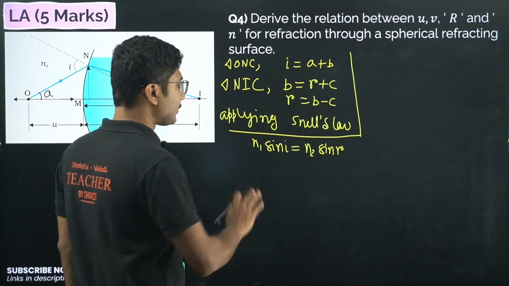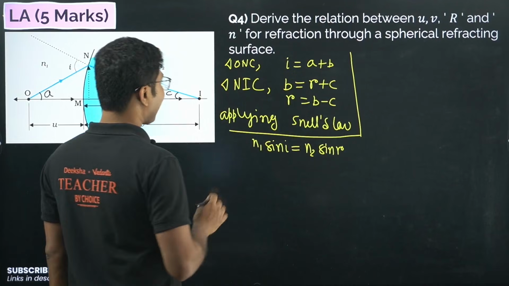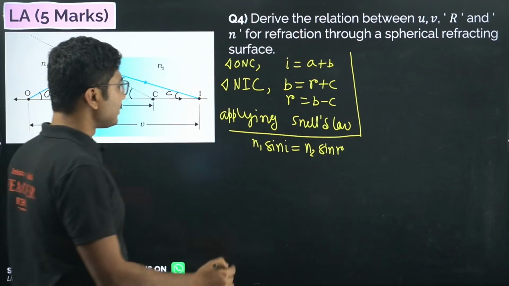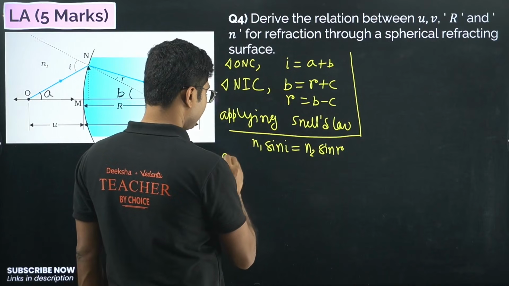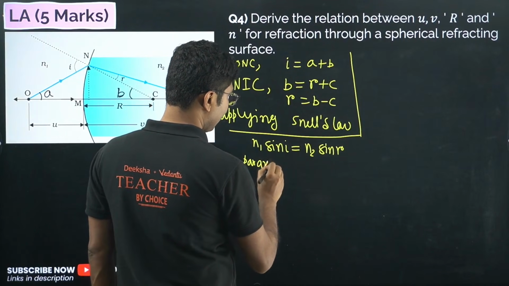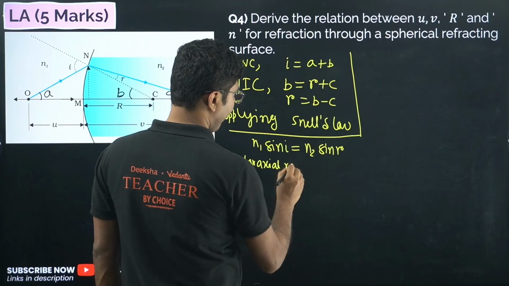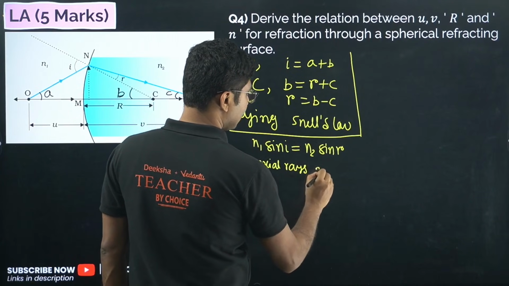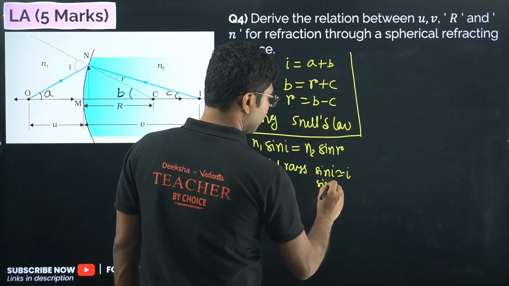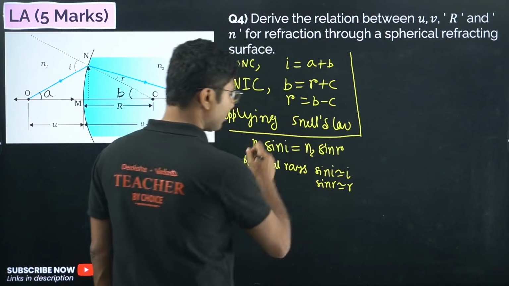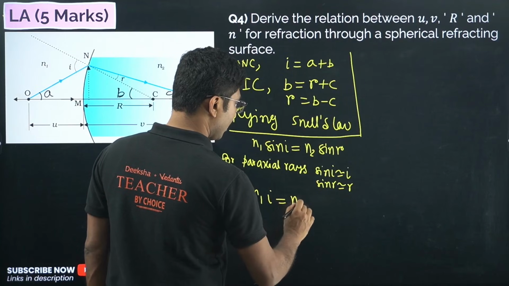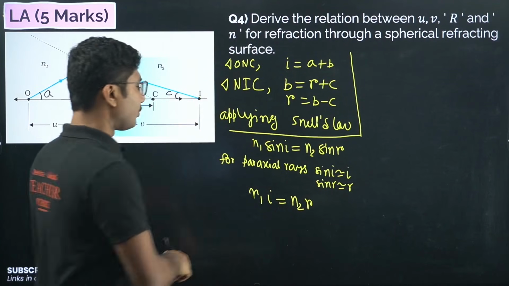First of all, for paraxial rays the angles are very small, so sin I nearly equals I, and sin R nearly equals R. So put that value: N1 I equals N2 R. What is I?